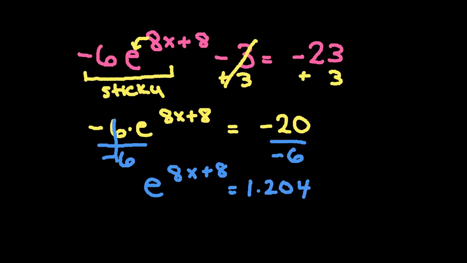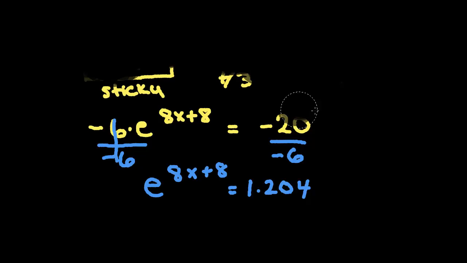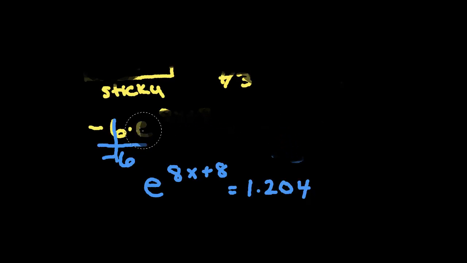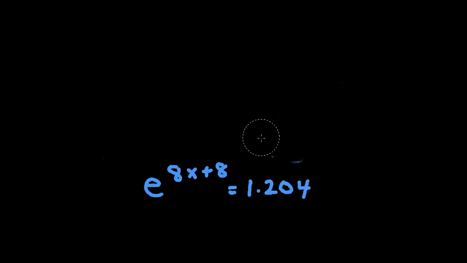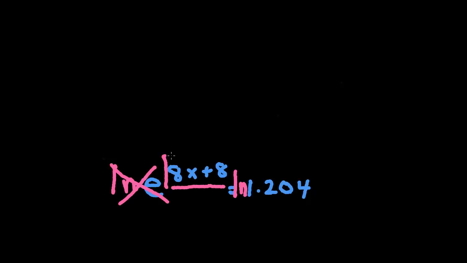All right, so let's erase up here. And remember what the next step is. When you see that e, you are going to use the special type of log. So we are going to take the ln of both sides, because the ln is the inverse, which will allow us to just get to this guy without him being in the exponent position anymore.